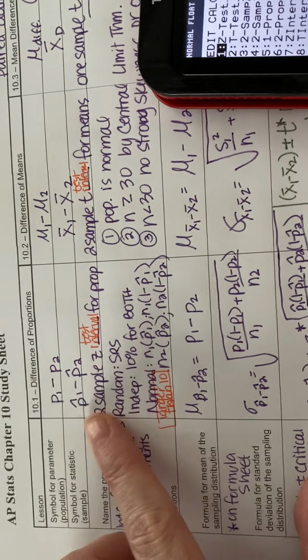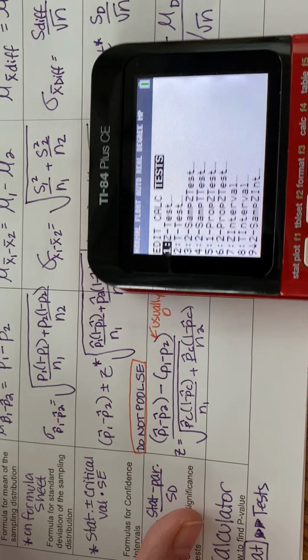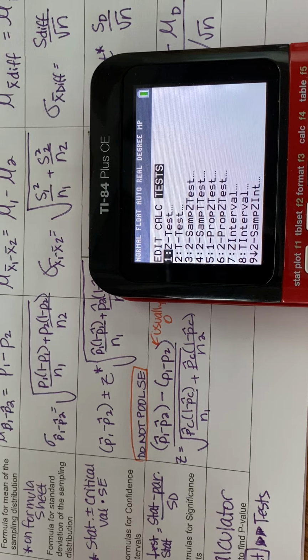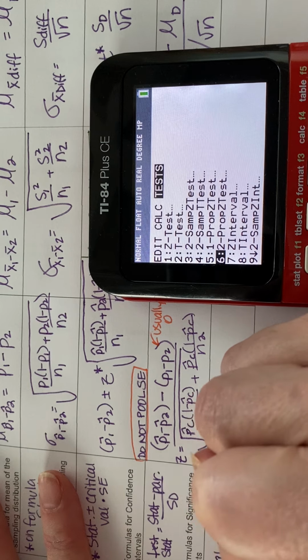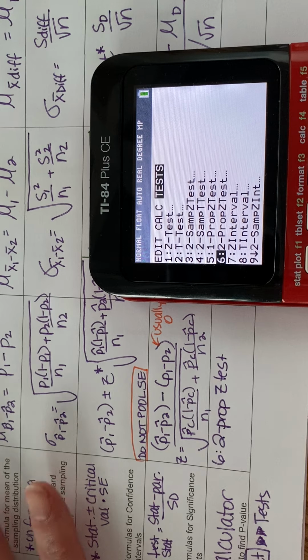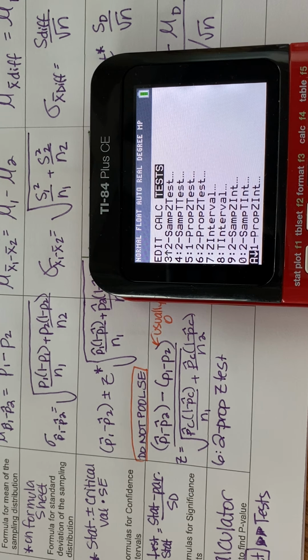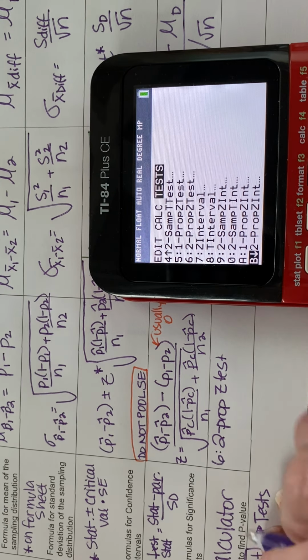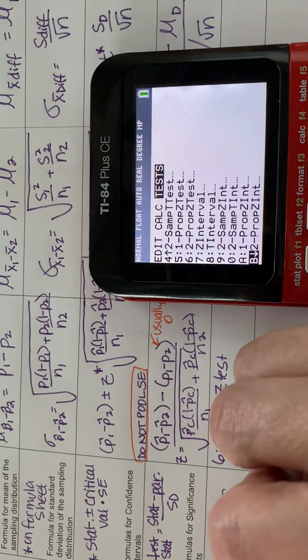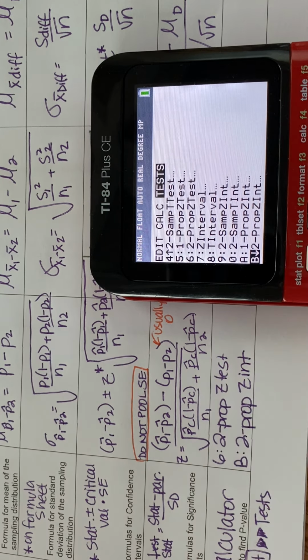For our 2 samples difference of proportions, I need to find a 2 prop z test. So number 6 is a 2 prop z test. If you're asked to do a confidence interval, then B is the 2 prop z interval.